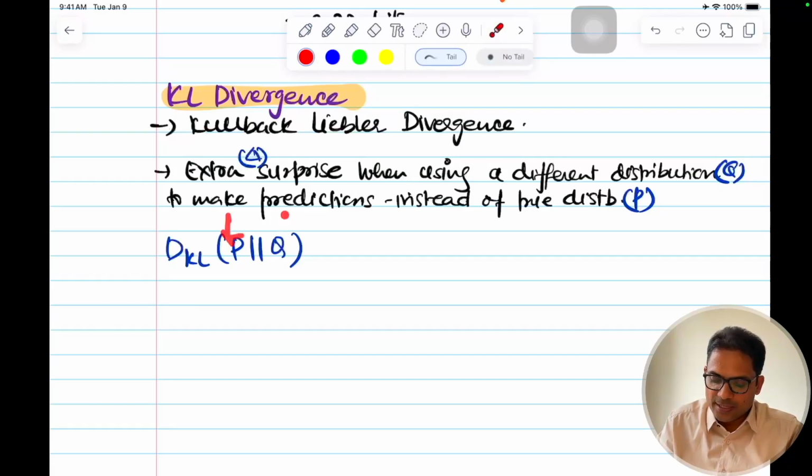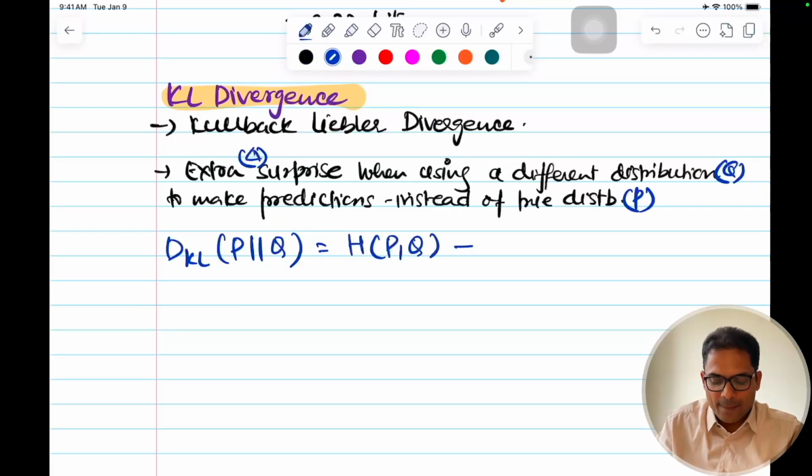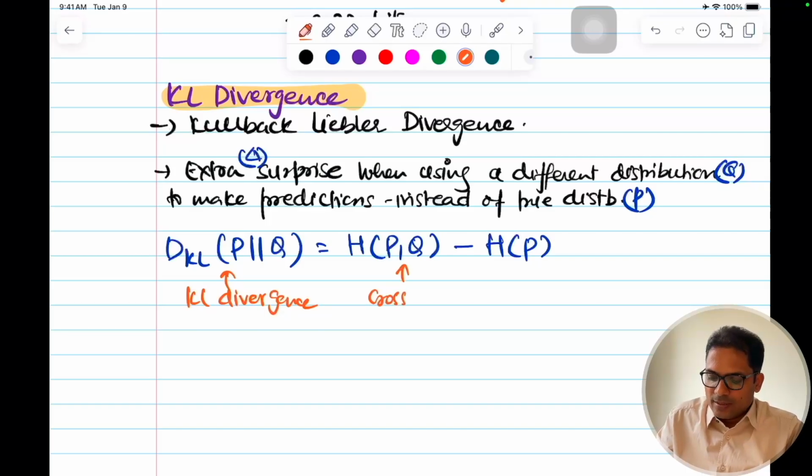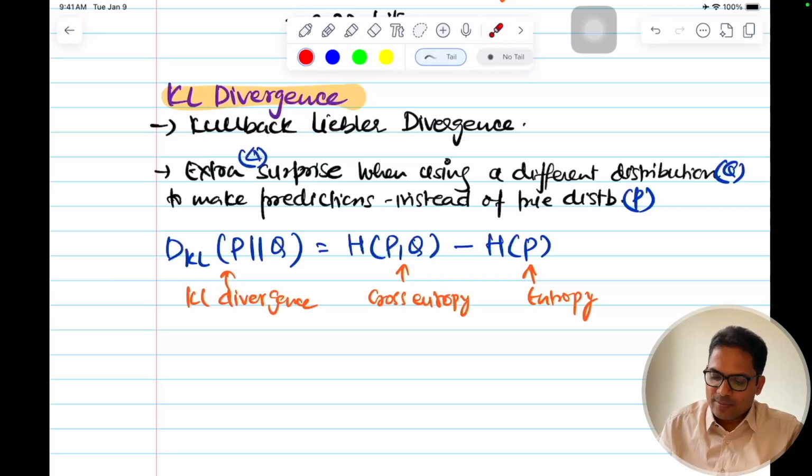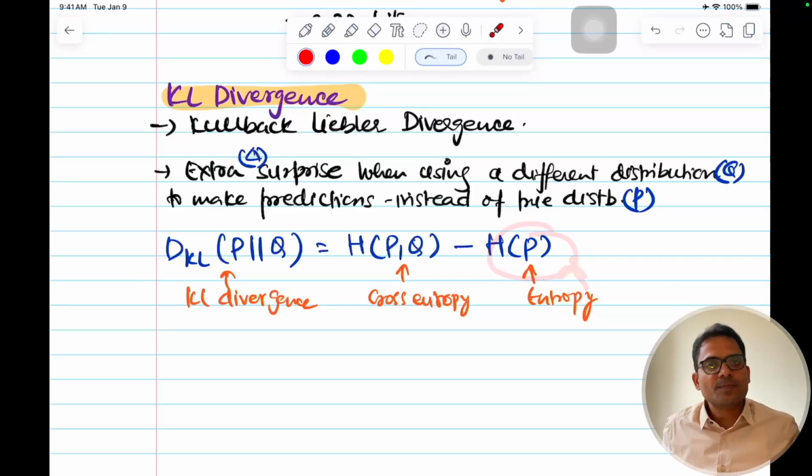KL divergence of two distributions P and Q is equal to the cross entropy minus the entropy. This is your cross entropy, the actual surprise, and this is your entropy, the minimum surprise that is inherent in the system.